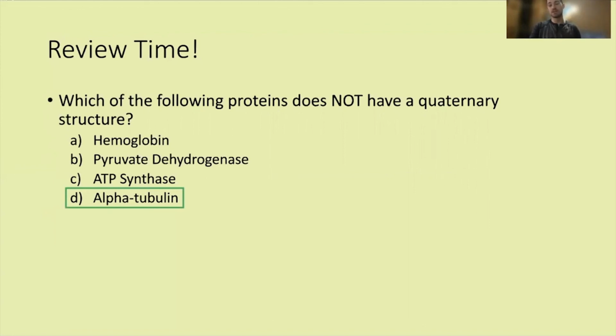So basically, it's really just the absence or presence of subunits that we're looking for to identify if a protein has a quaternary structure. So alpha tubulin itself is a monomer of tubulin. So it's not a quaternary structure. Alpha tubulin itself is just a singular monomer, a single polypeptide chain. Once it polymerizes, that filament definitely does become a quaternary structure, but alpha tubulin by itself does not have a quaternary structure.